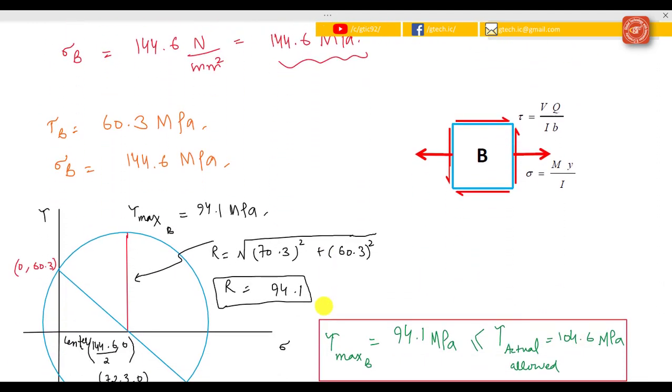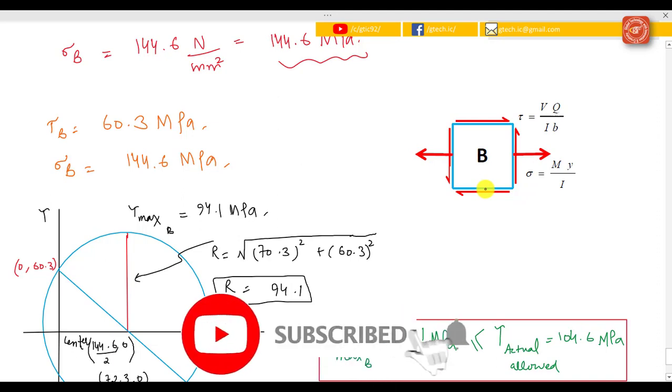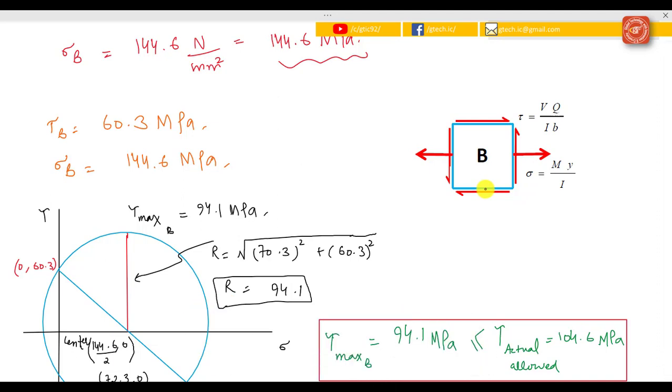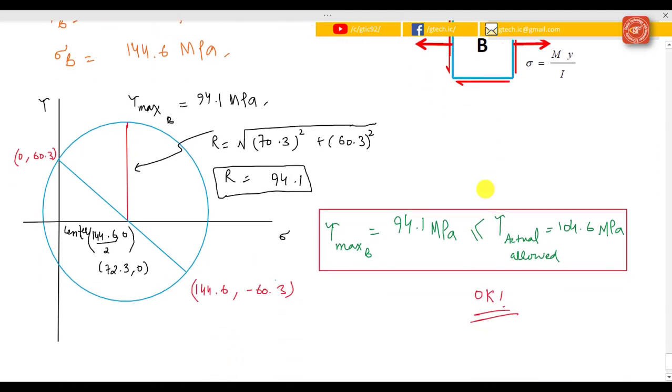And now I can draw my stress plot, which has a combination of the normal and the shear stress as shown. So we have our shear stress at point B and our normal stress at point B, and what we can do now is draw a Mohr circle. Now we find the maximum shear stress experienced, because that's what we are designing against.